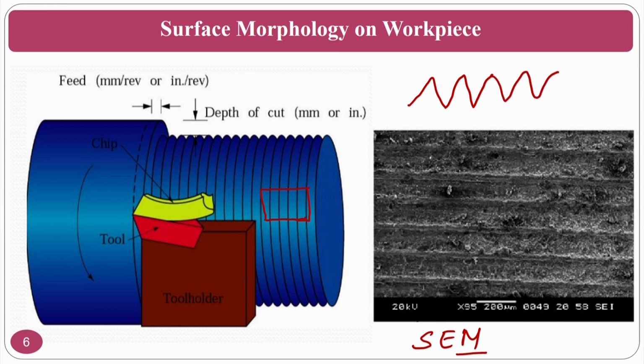These are nothing but the feed marks. So, if these are feed marks, that means the most influencing input parameter in the machining conditions is feed rate. Since these are the feed marks, feed is going to play a major part in deciding the surface roughness.